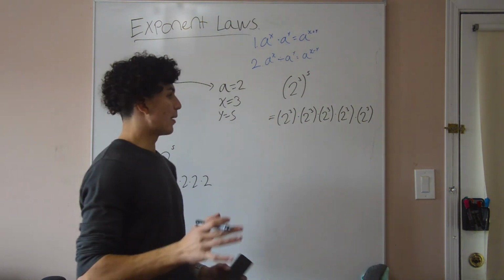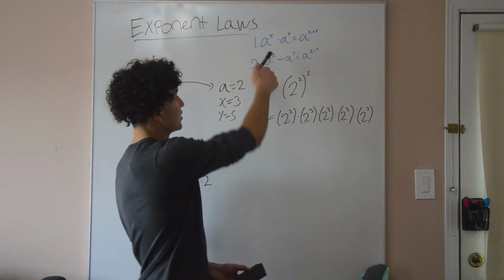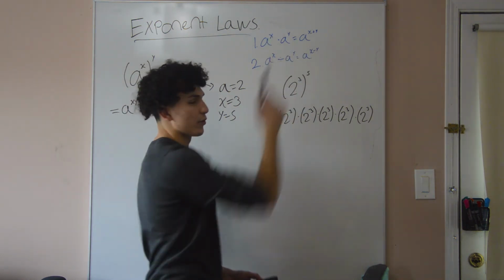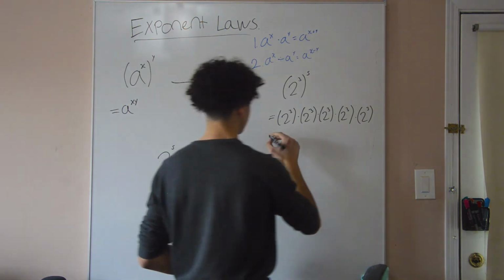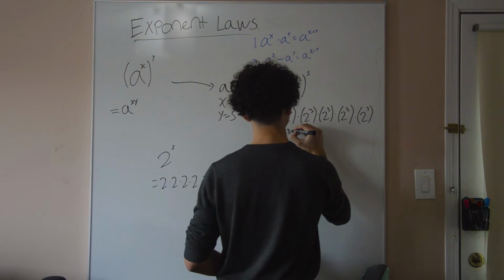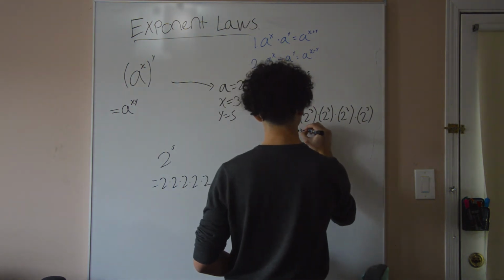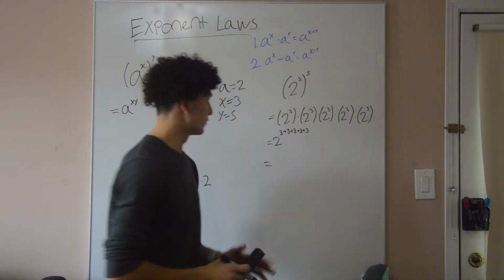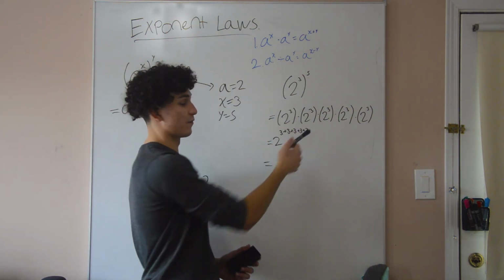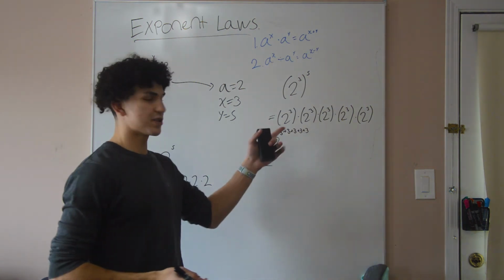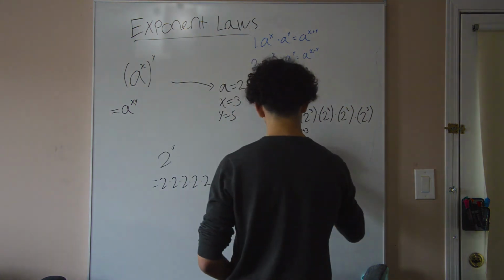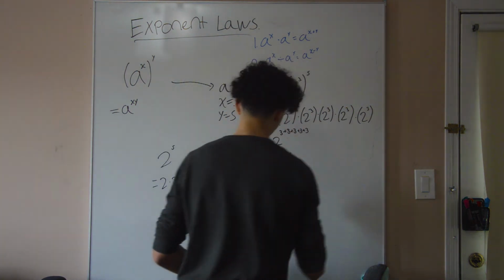So now I'm hoping you guys see what happens. Well, we see from our first law that these all have the same base, so we add the exponents, right? Because they all have the same base. So this becomes 2 to the 3 plus 3 plus 3 plus 3 plus 3. Just like that. Since they all have the same base, we add the exponents, so we added 5 3's. Now, 3 plus 3 plus 3 5 times is the exact same as saying 3 times 5, right?